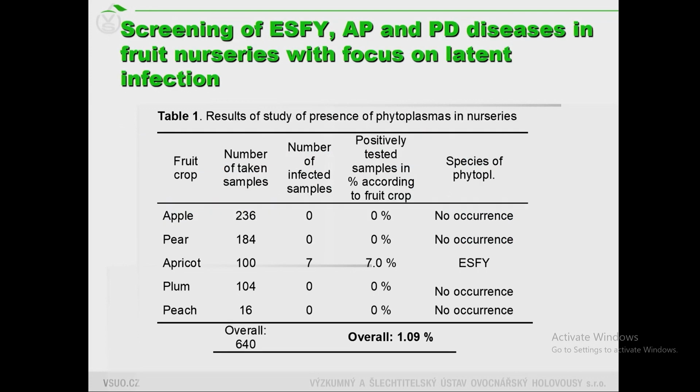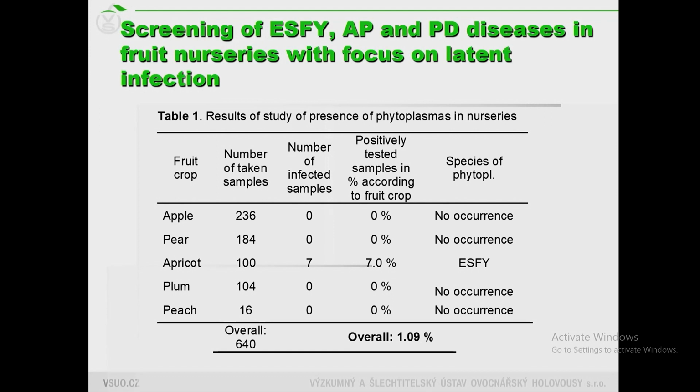And this is the core of our work. It means the results of our screening based on PCR testing, and you can see that there wasn't any apple proliferation phytoplasma detected in apple. The same was true for pear decline.